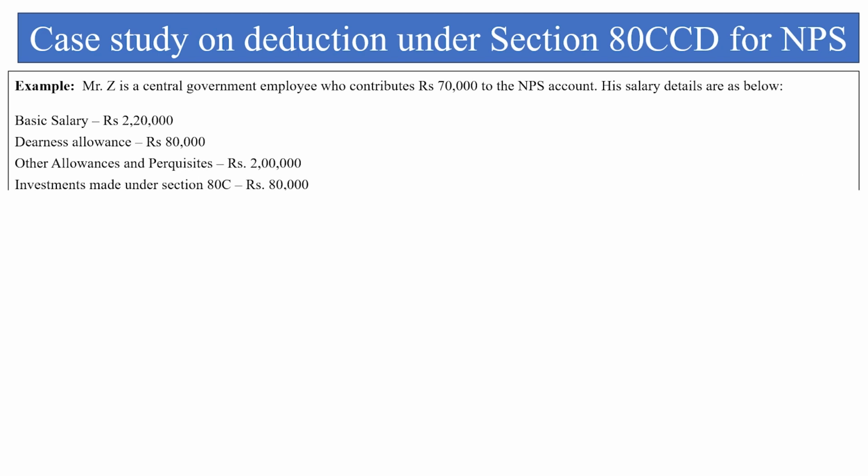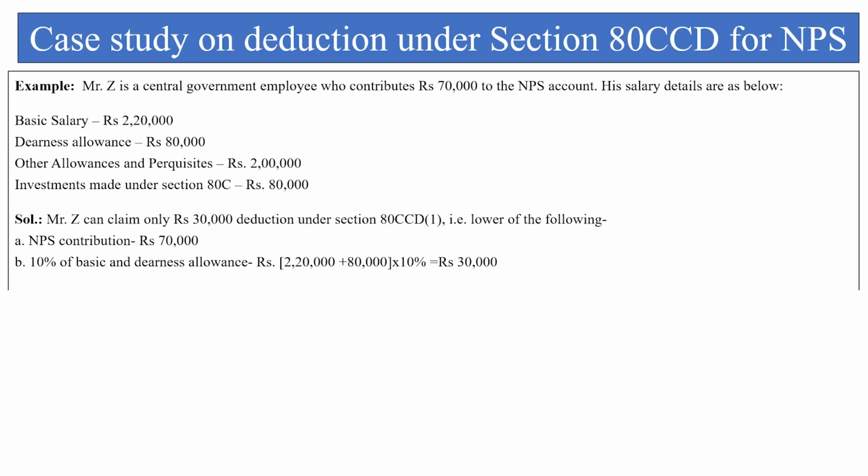So here you see that the total salary for the purpose of claiming deduction under NPS 80CCD is 2 lakh 20 plus 80, that is 3 lakh, and as it is contributed by Mr. Z, it is limited to rupees 70,000 whatever he paid, and 10% of basic plus DA, that is 30,000. So the amount of claim is only 30,000.